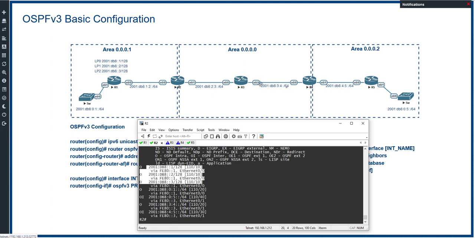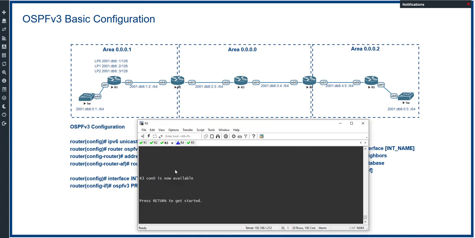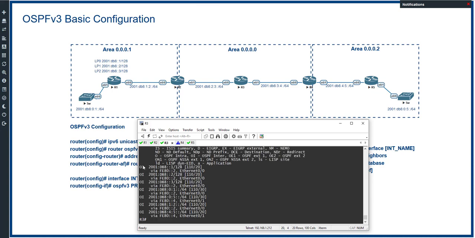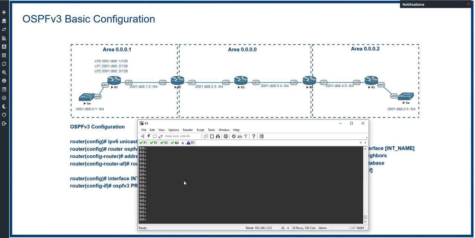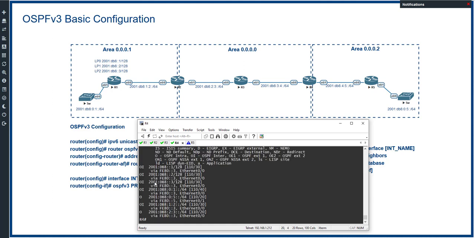Also in the other routers, for example router 3, router 4, router 5, we are learning about them with link state type 3. Look here in router 3. Show IPv6 route OSPF. As you can see here, we have the 3/128 summary route, and also in other routers like router 4, show IPv6 route OSPF, we have all of these subnets.